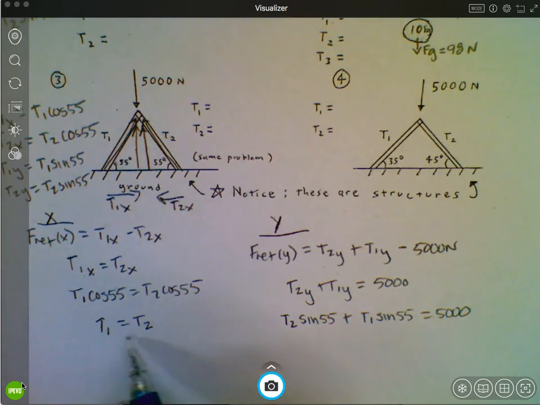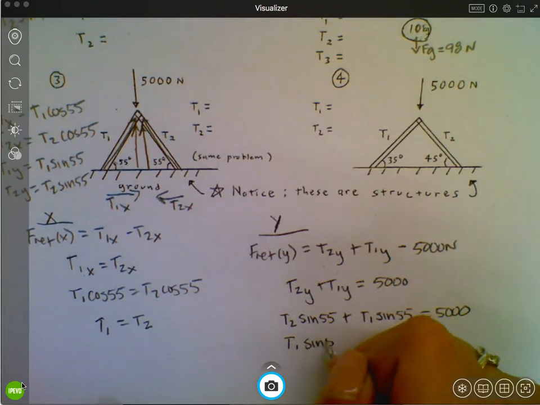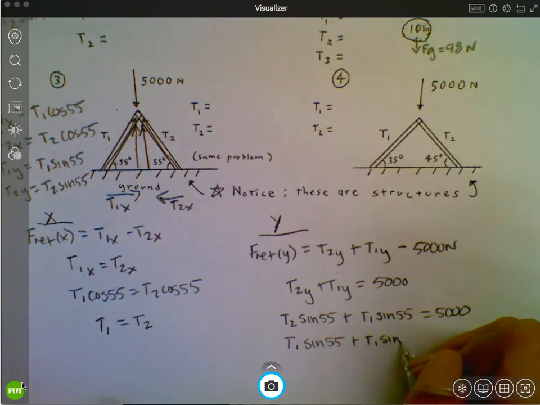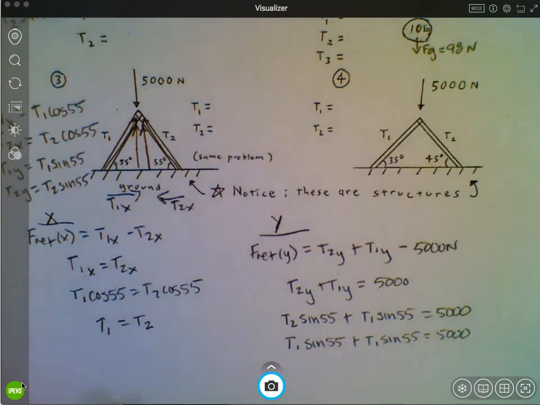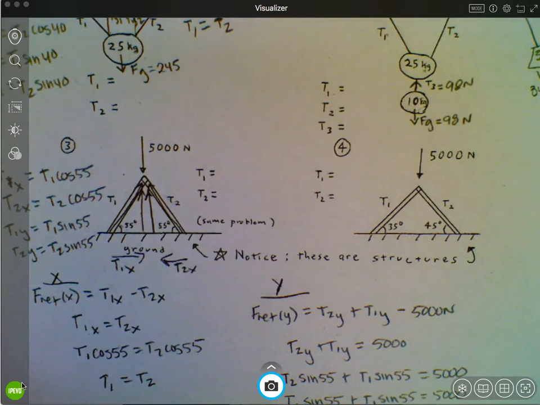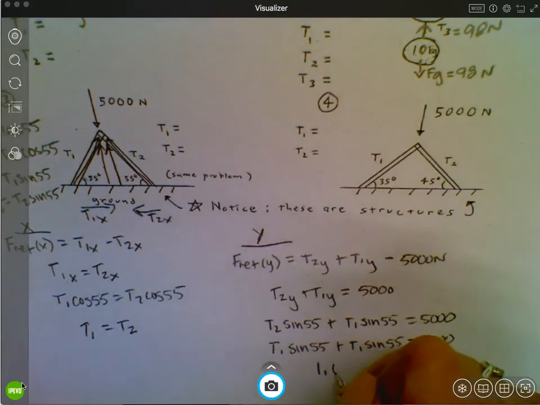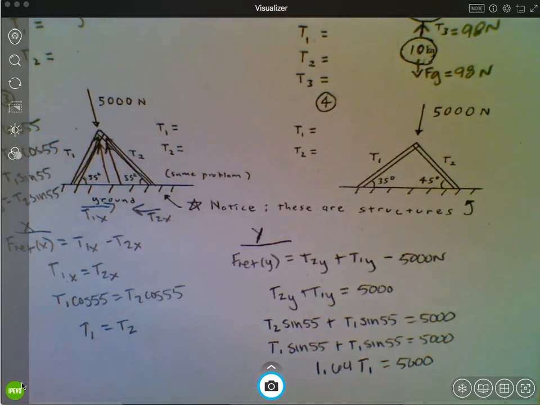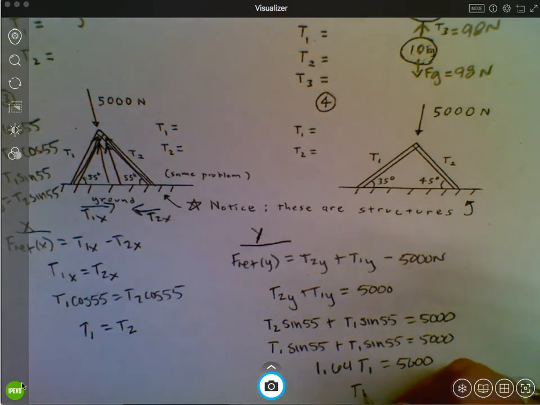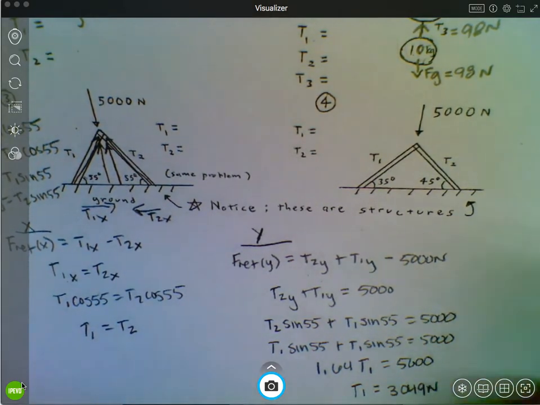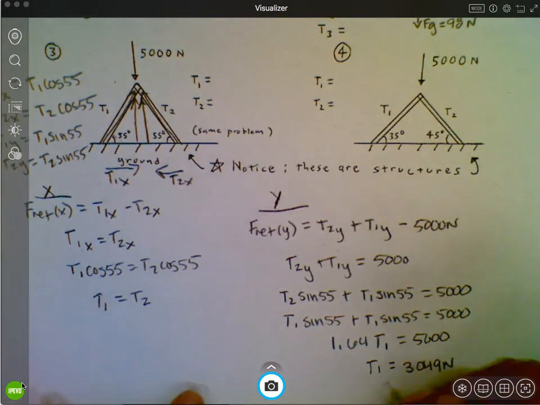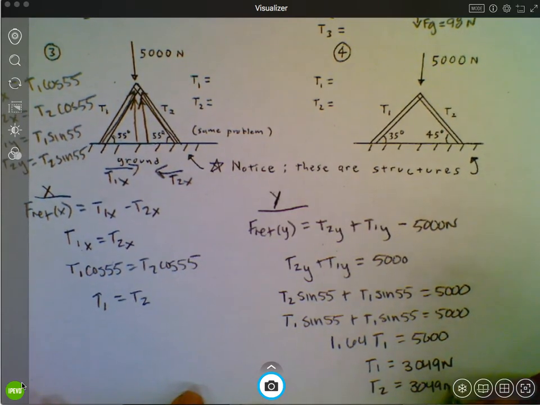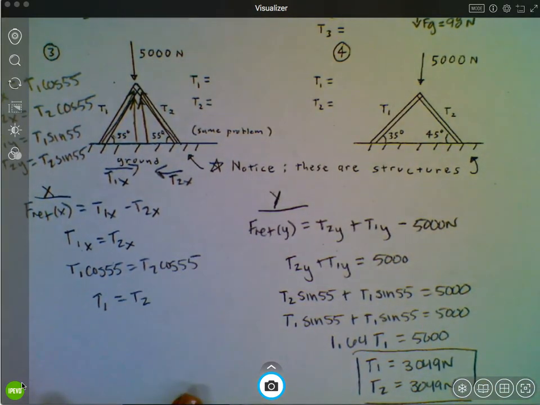If I sub in T1 for T2, sine 55 plus sine 55 is 1.64. 5,000 divided by that is T1 equals 3049 newtons. And since we know that T1 equals T2, then T2 also equals 3049 newtons. And that one's done.